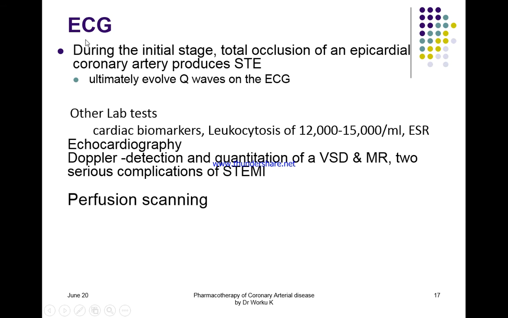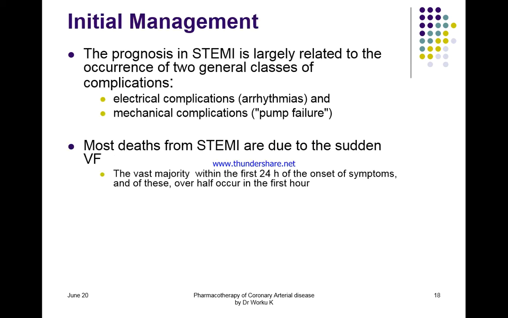On ECG, as the name indicates, there is ST segment elevation, and the cardiac biomarkers will be raised. There will even be leukocytosis in the absence of infection, and the erythrocyte sedimentation rate will also be increased. Echocardiography looks for any thrombi or wall motion abnormality, and Doppler checks blood flow, and perfusion scanning can be indicated for ST elevation myocardial infarction.